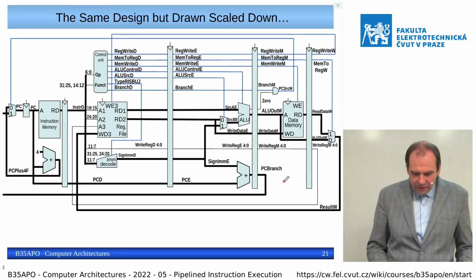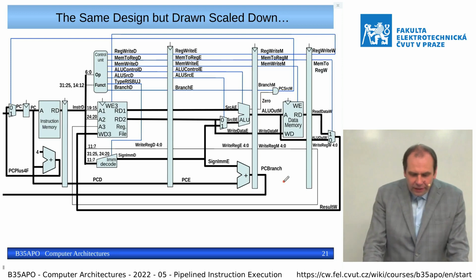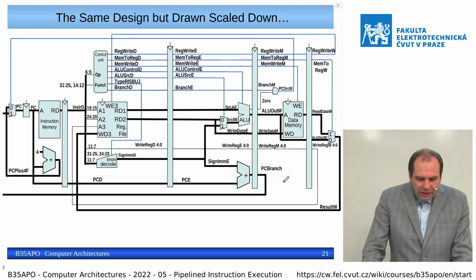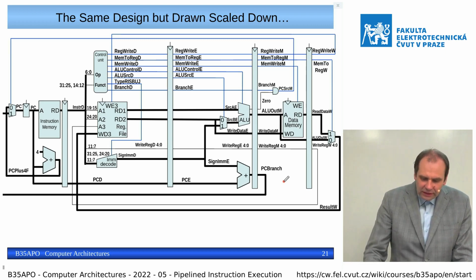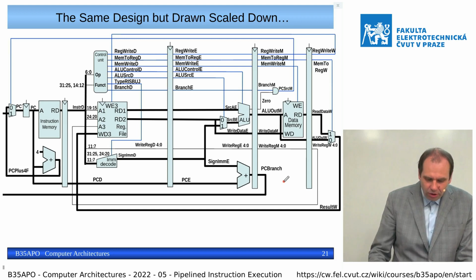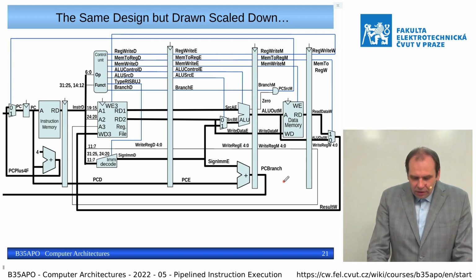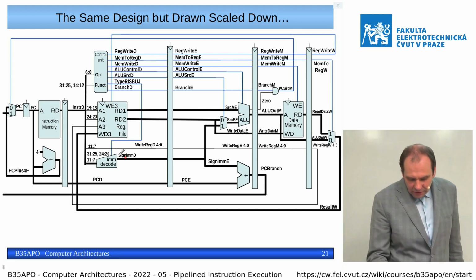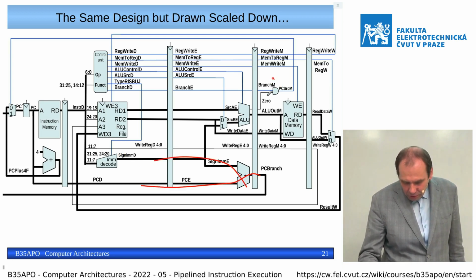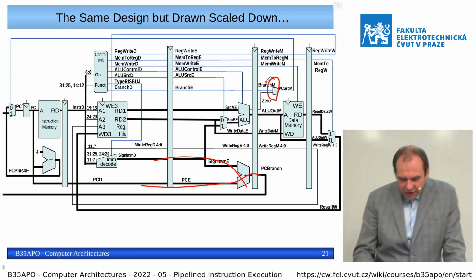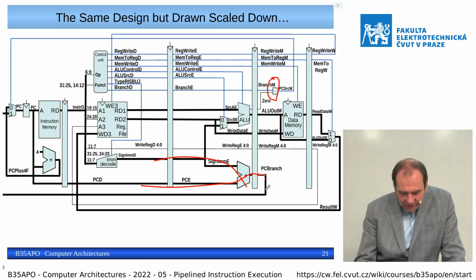And we can redraw our CPU again. It is exactly the same picture, but we will need to add some more logic there, so that is the reason we have made it a little smaller in this case. So we have there even branching and so on. Branch is decoded in the memory stage, and the target address is again delayed and computed in the memory stage.